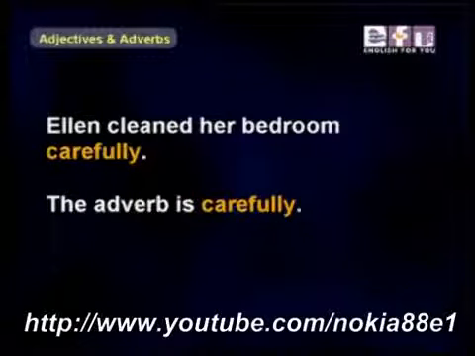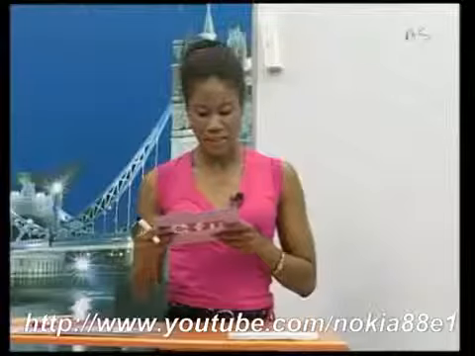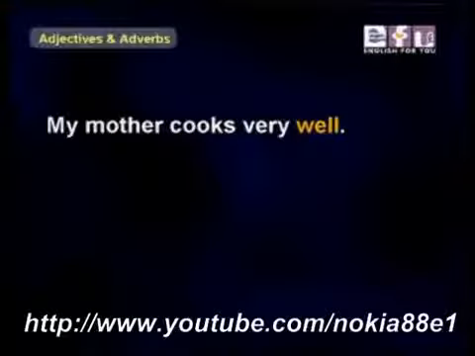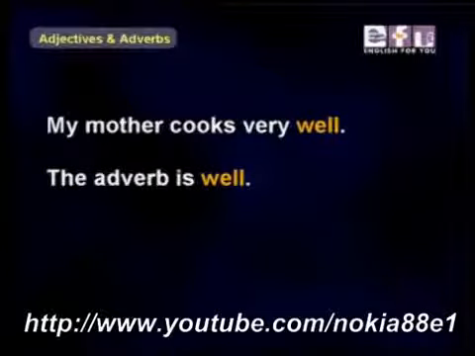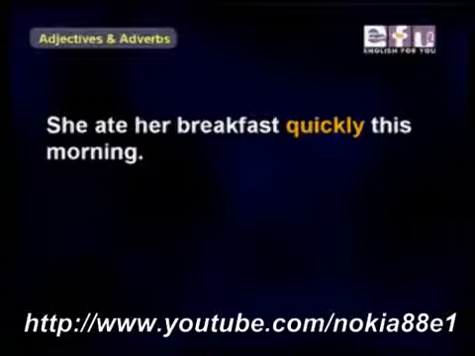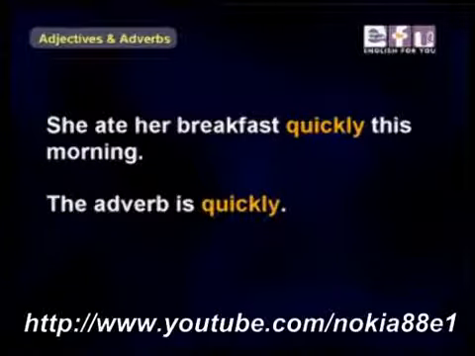It tells us how Ellen cleaned her bedroom. Next example. My mother cooks very well. The adverb is well. The adverb tells us how she cooks. She ate her breakfast quickly this morning. The adverb is quickly because it tells us how she ate her breakfast.